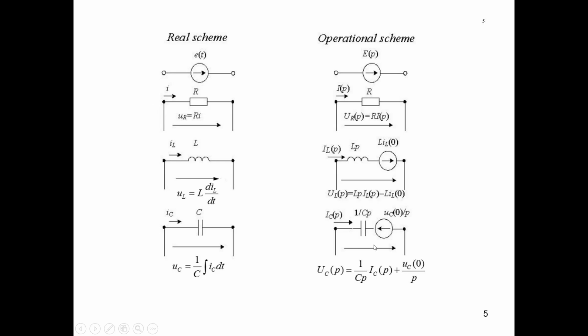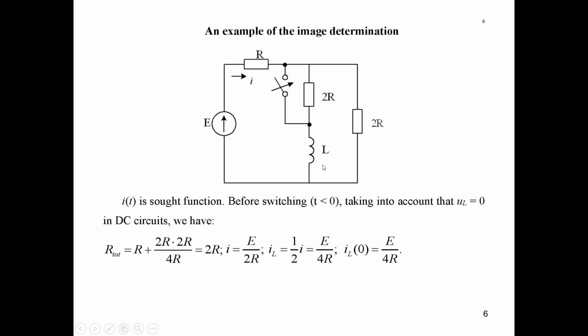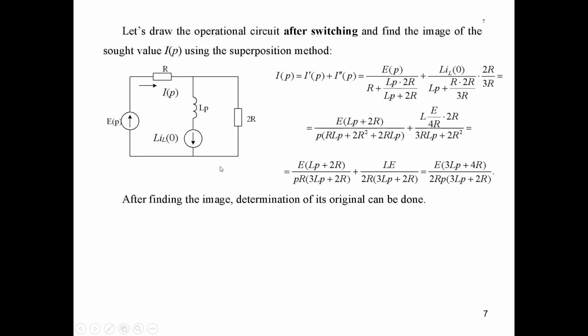And here is the replacement of the real schematic by the so-called operational schematics. It was depicted earlier, and in such a way we can transform a real schematic into its operational form.